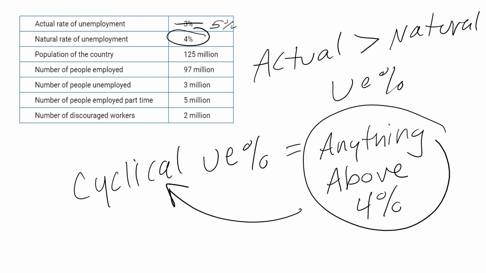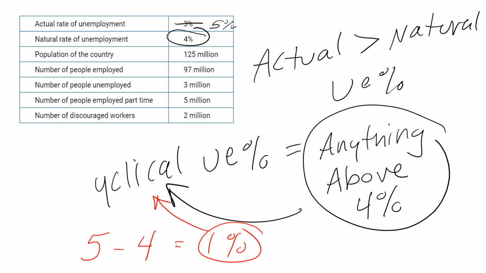And with that being the case, this is going to be pretty easy. We said that now actual unemployment is 5%. Well, 5 minus 4 is 1. So that would tell us that 1% of that 5% unemployment should be considered cyclical unemployment. Okay, so that would answer part D from that question. 1% of that 5% would be cyclical.